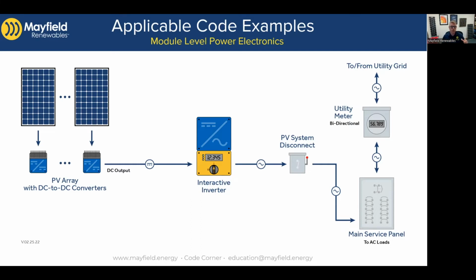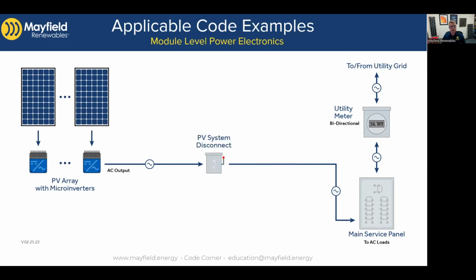Overall, we have these individual modules going to individual MLPEs and connected to some sort of power electronics like an inverter, where it's going to convert the DC to AC and connect to our utility system. So this is a really basic, straightforward utility interactive system. It's a pretty common use of DC to DC converters in the PV industry.